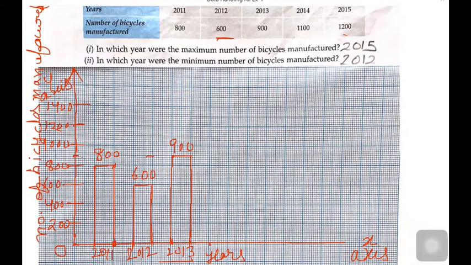Now the next one box gap, same process again. So the next reading that we are going to have is 1100. 1100 will be in the middle of 1000 and 1200. So we are going to get it somewhere here. Right. So I'm making first the horizontal line on the top and then joining it from the bottom.